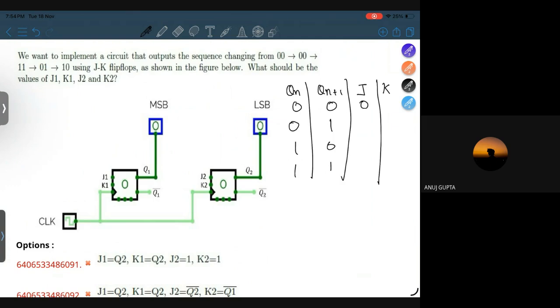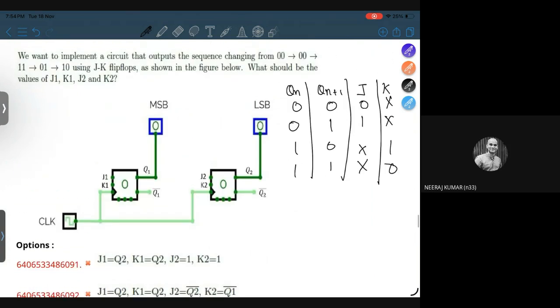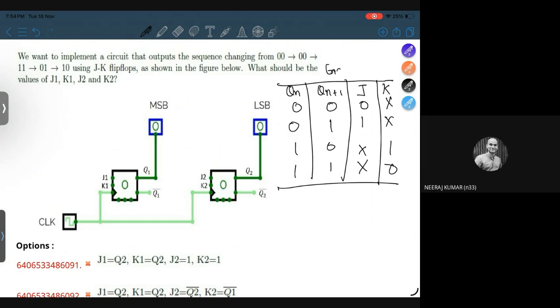No, your table is incorrect. The sequence is changing from 0 0 to 0 0, and then 0 0 to 1 1. Oh, this is just the excitation table, okay.